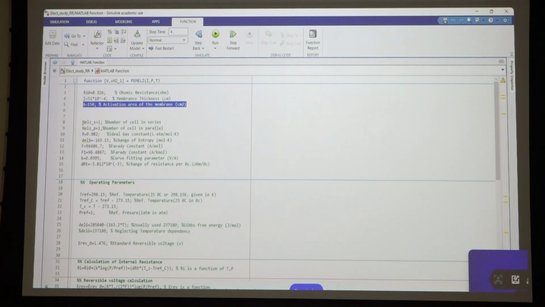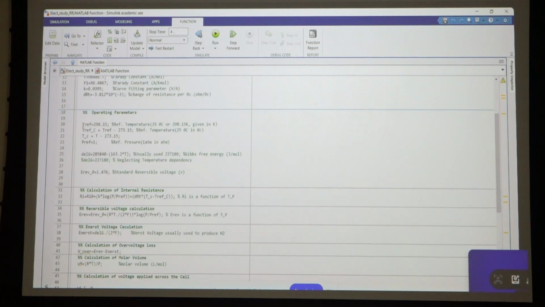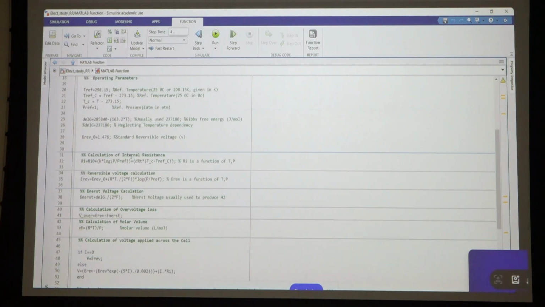This is the number of series connected cells. This is the number of parallel connected cells to make the stack. This is the ideal gas constant. This way we are inputting all the values here. This is the reference temperature and pressures. All of these are operating parameters. It is my developed model.